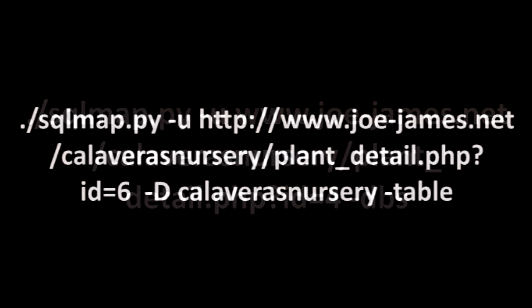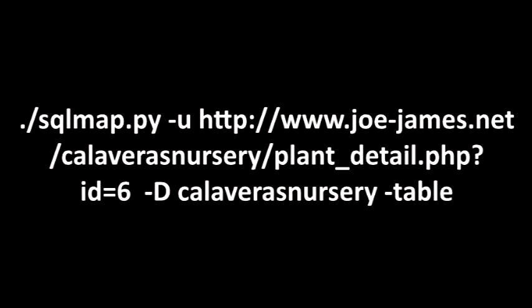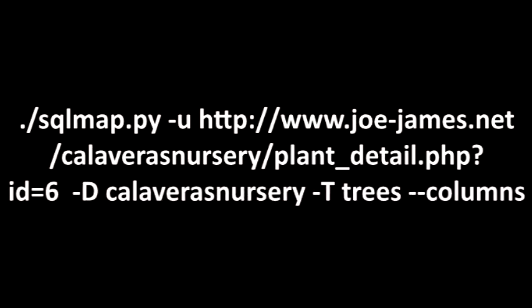It will give you a list of tables that are available in the database that you selected. Then select one table and type in this command, and it will give you a list of the columns that are available. So with a few quick commands in Backtrack, we were able to get all of the database, table, and column information. The same data that we got through the web browser with a little more effort.